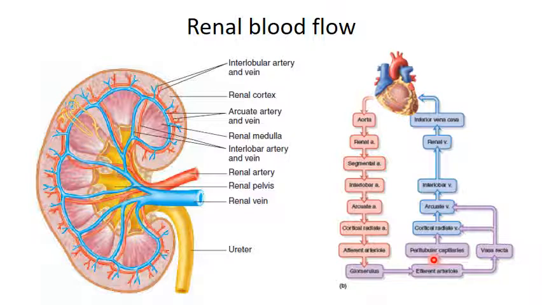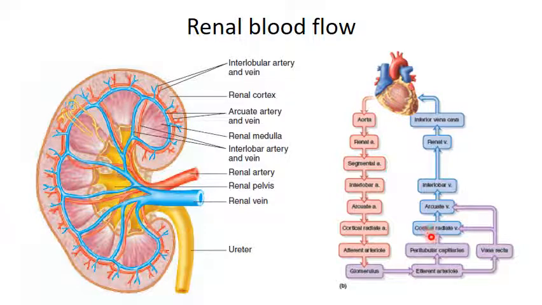Then these efferent arterioles divide and give off a second capillary network called peritubular capillaries or the vasa recta. Vasa recta are also peritubular capillaries, but these are straight capillaries. Some nephrons have peritubular capillaries around their tubules and some have vasa recta around their tubules.